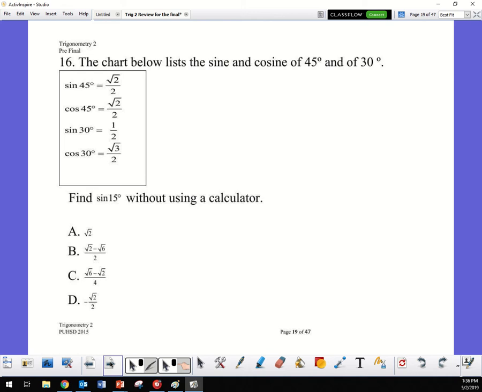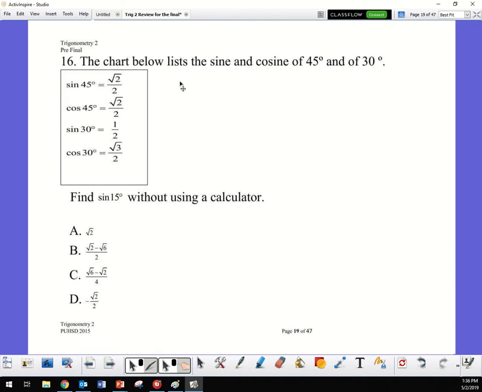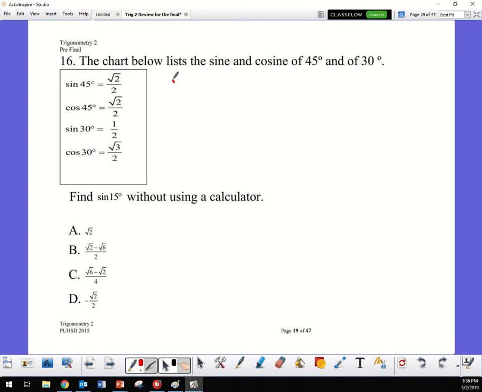Okay, this one is going to be an addition or subtraction. This is on your reference sheet also. So you could use addition or subtraction to find this out using whatever formula we have. I'm trying to find sine 15, which goes along with the same type of problem we just did. So it's going to be sine of 45 minus 30.